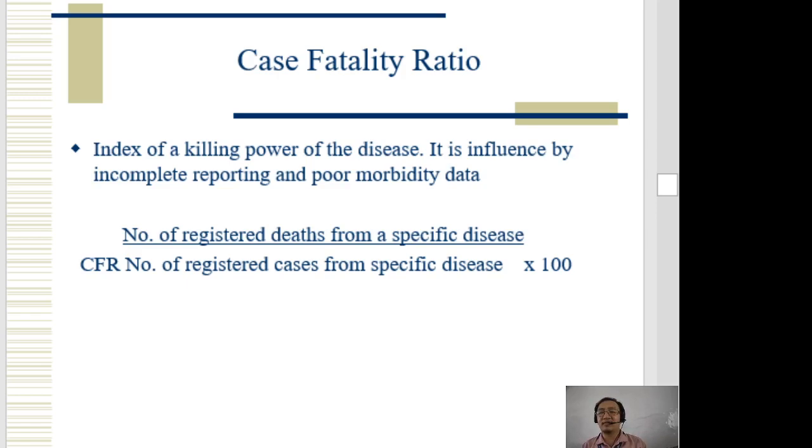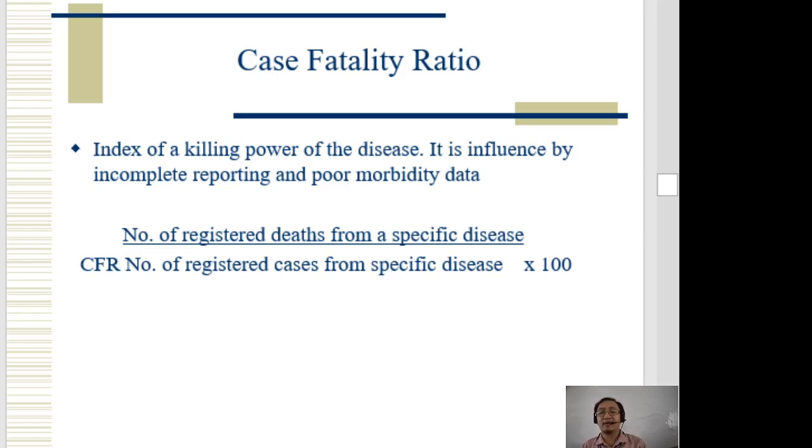It is influenced by incomplete reporting and poor morbidity data. CFR is equal to number of registered deaths from a specific disease divided by number of registered cases from a specific disease times 100, and it will be expressed in percentage also.